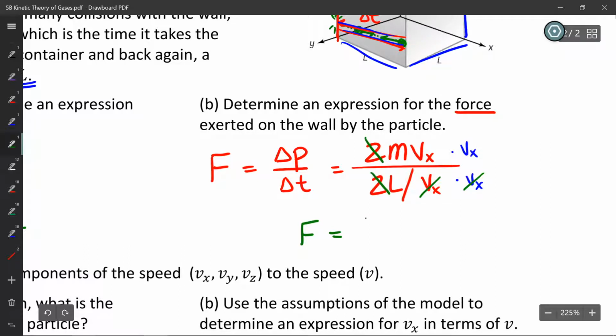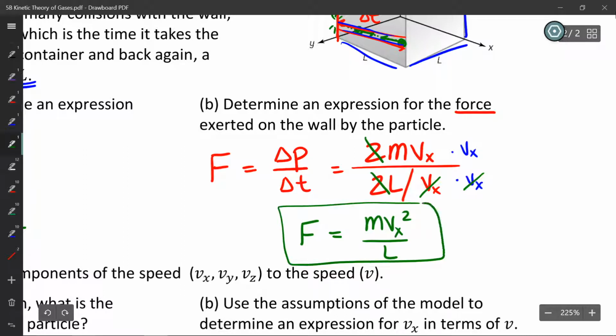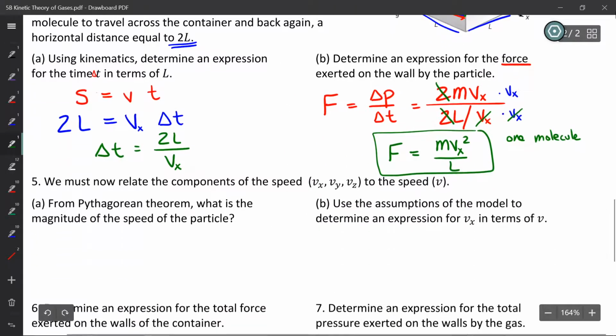We end up getting F equals m vx squared divided by L. That's the force that one molecule exerts on the sidewall of the container.